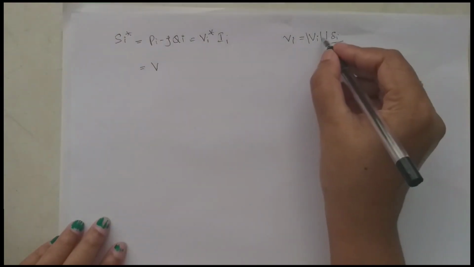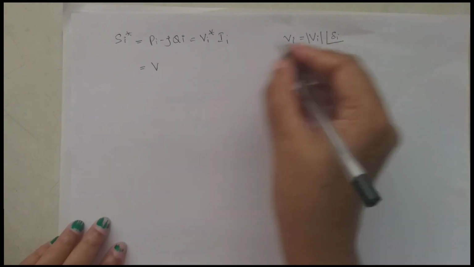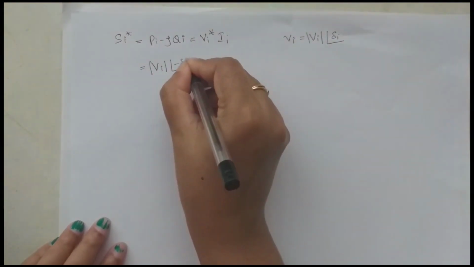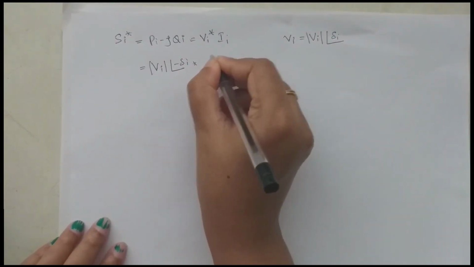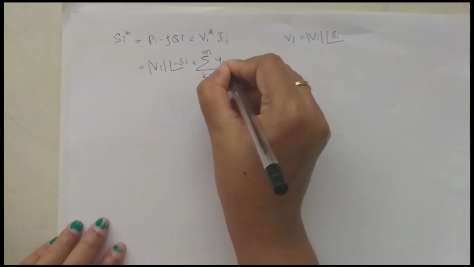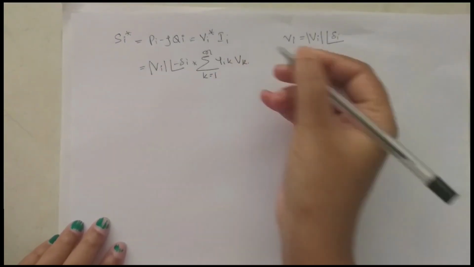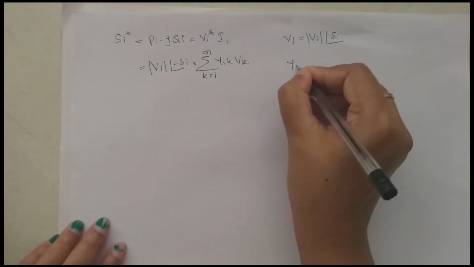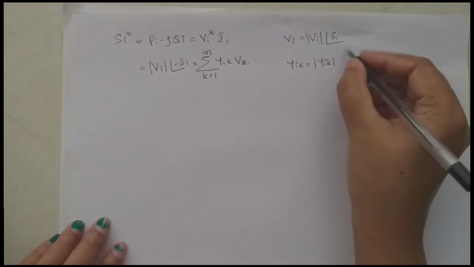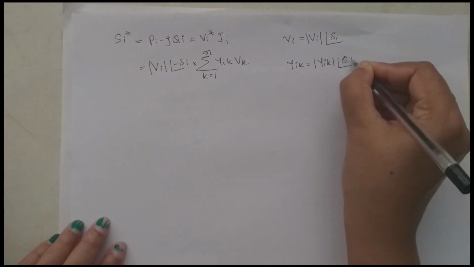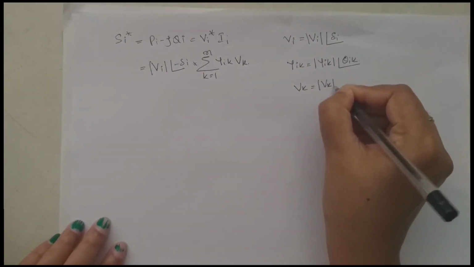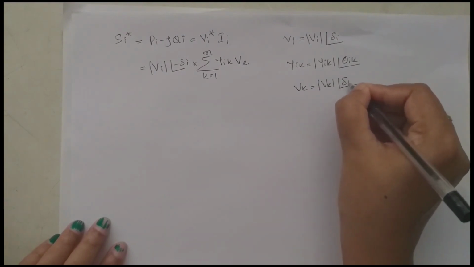So Vi conjugate is Vi at an angle minus delta i, into Ii, which is the summation where k varies from 1 to n of Yik Vk. Here Yik is equal to the magnitude of Yik at an angle theta ik, and Vk is equal to the magnitude of Vk at an angle delta k.